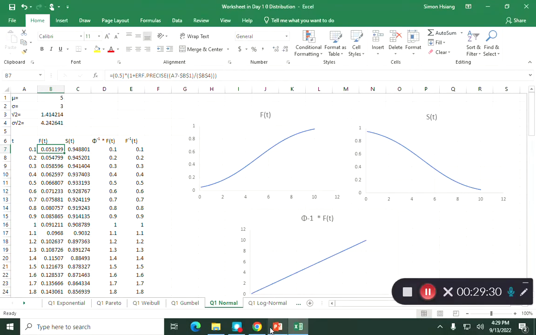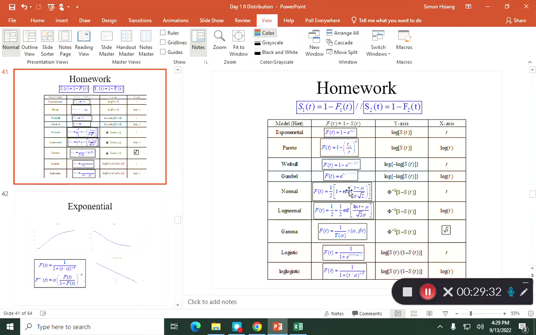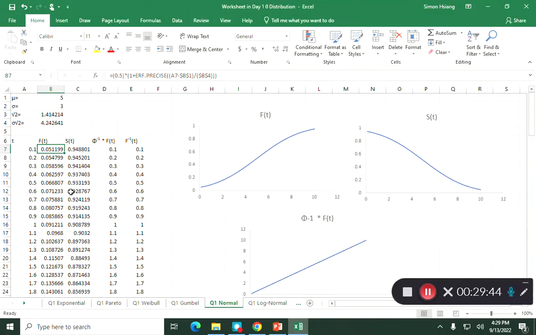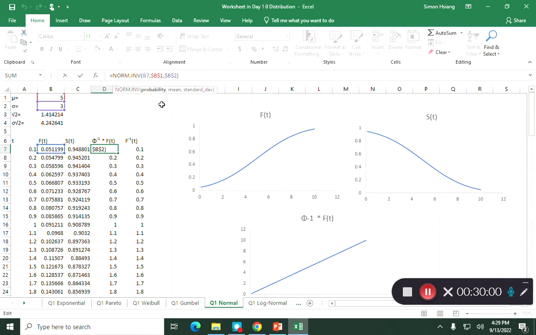Okay, so that is based on the ERF function here. And when you do the normal distribution, you can get it that way. Then you can have your ST done. And of course, you can find your normal inverse using the normal inverse function with your mu and sigma.